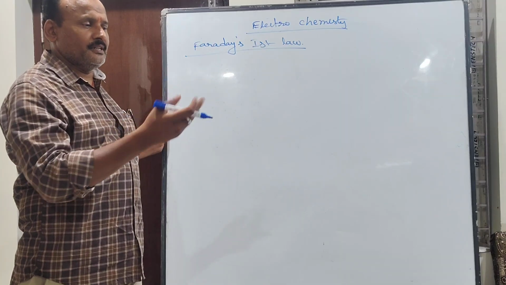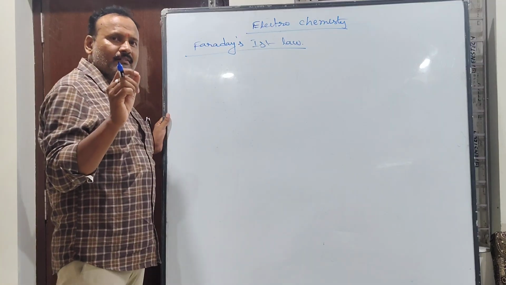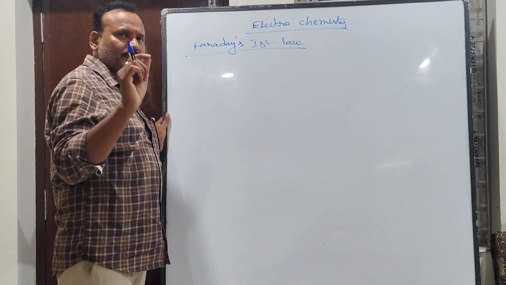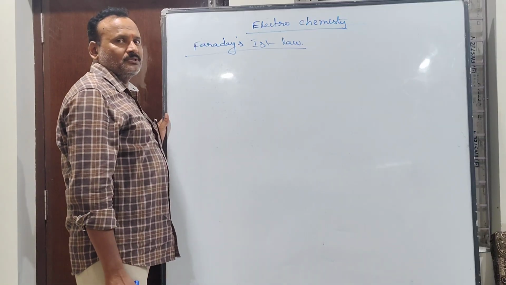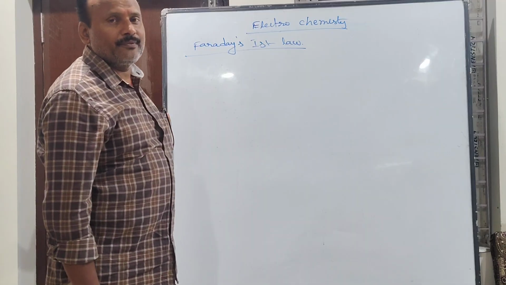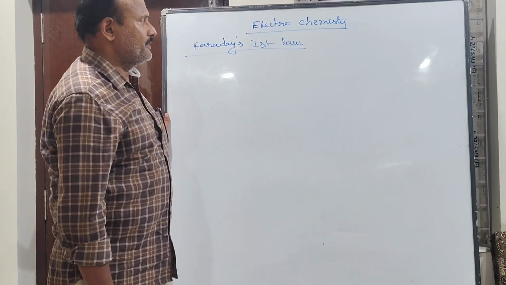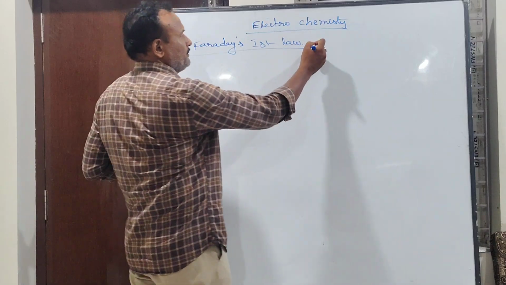The amount of substance deposited or liberated at electrodes is directly proportional to the quantity of charge or quantity of electricity passed through it. What is the statement?